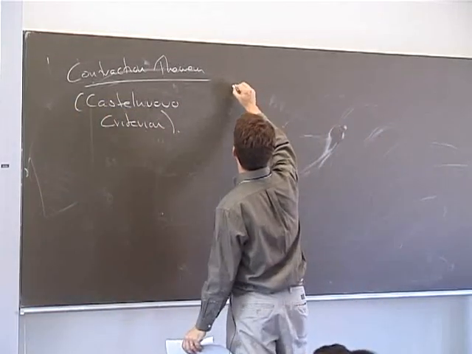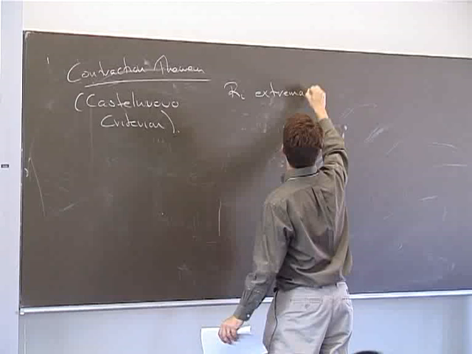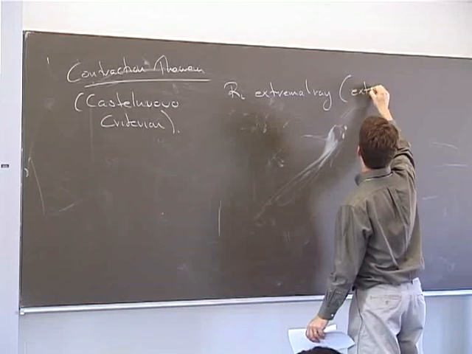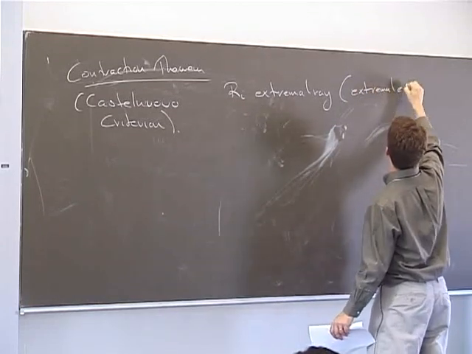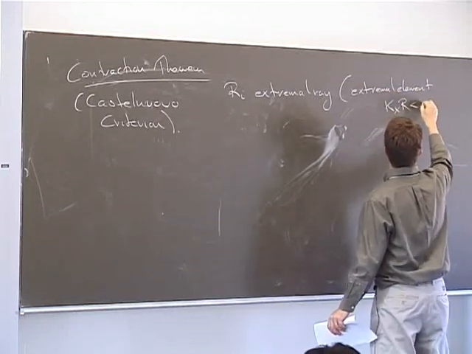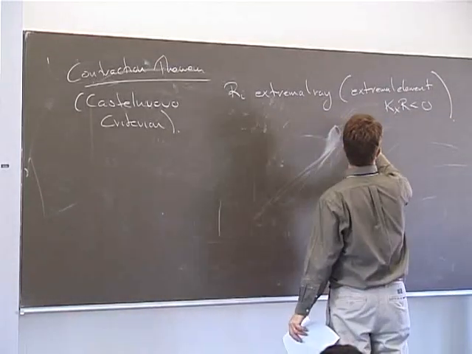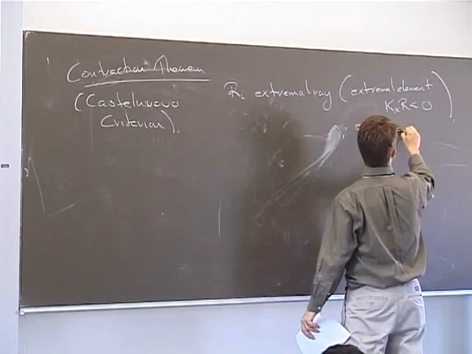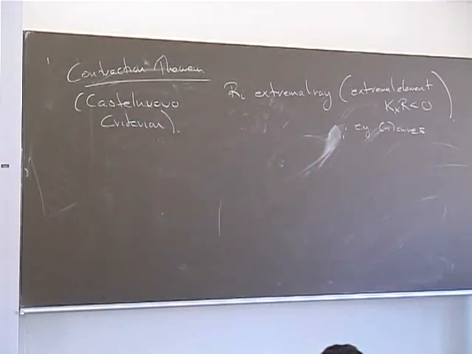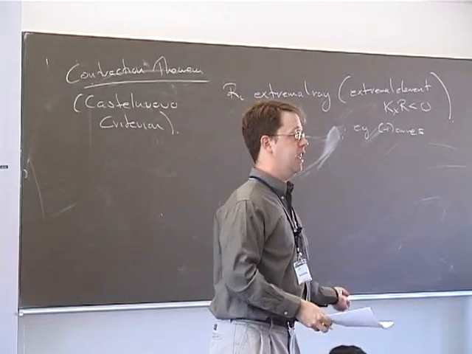So let's say that R is an extremal ray. By this I mean its extremal element with K_X·R less than 0. So examples are -1 curves. We saw that -1 curves are extremal here. They're extremal in the sense of convex geometry, and they're definitely K_X negative.